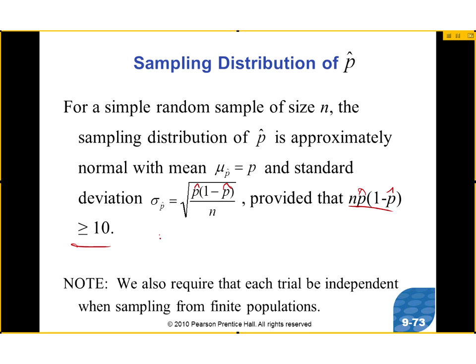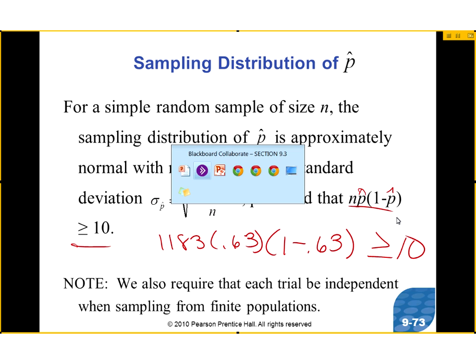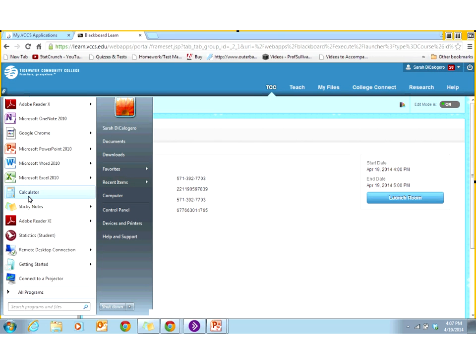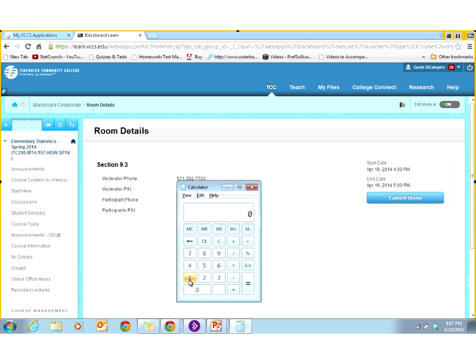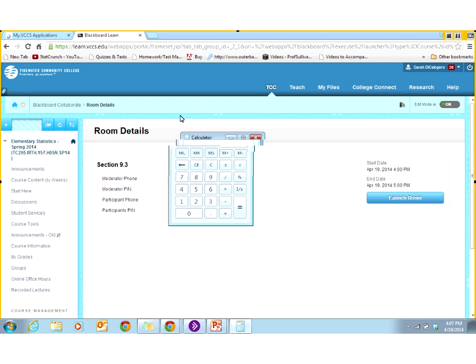So we would do 1,783 times 0.63 times 1 minus 0.63. And as long as that is greater than or equal to 10, we know that we have something that we can actually test. Let's pull up our calculator. There's no way to make this look bigger.